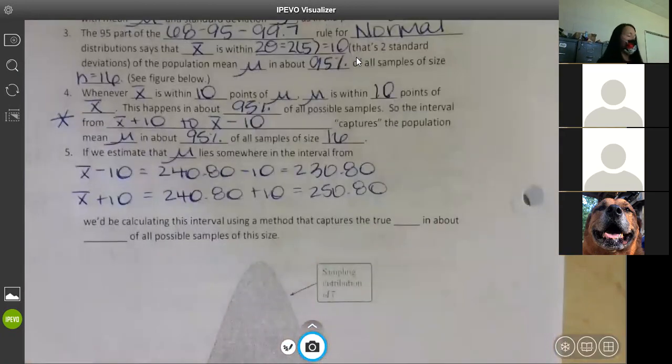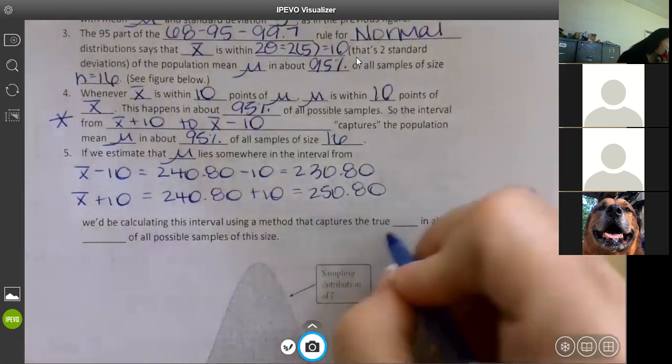I'm gonna let you get that for a minute. This is exactly how you're going to say it. You're going to come up with that interval, and you're going to say that the interval containing 230.80 to 250.80 captures the true mean of the population 95% of the time. That's a confidence interval, okay? And so coming up with it is actually pretty easy, but we'll get there in a minute.